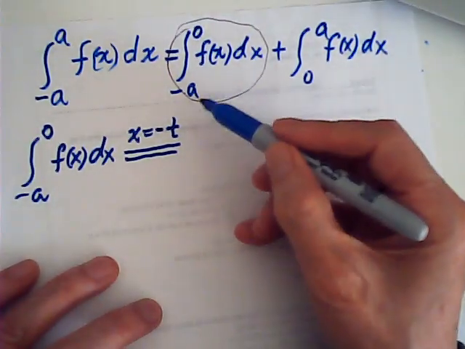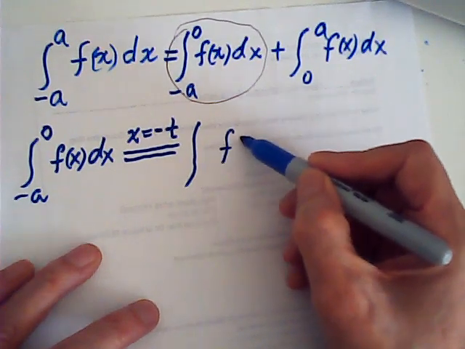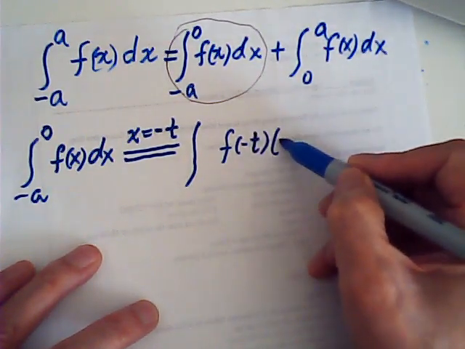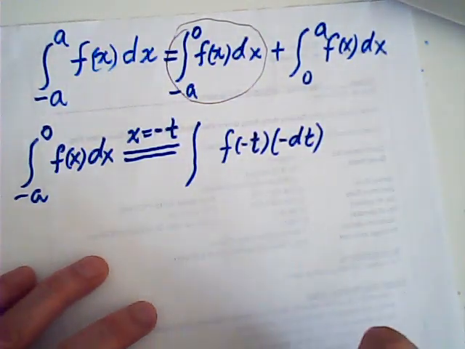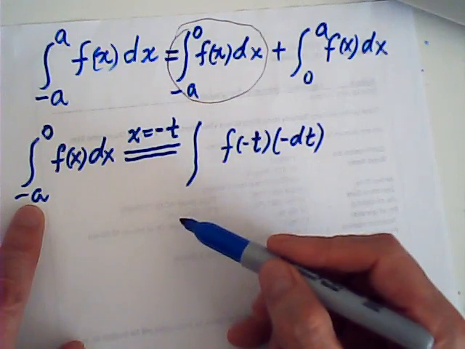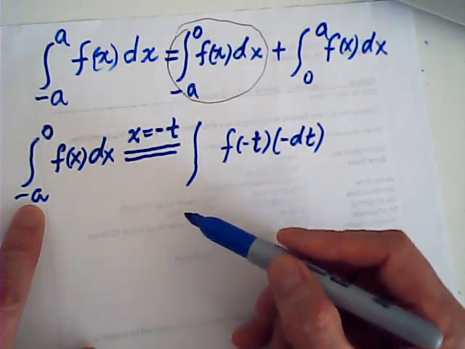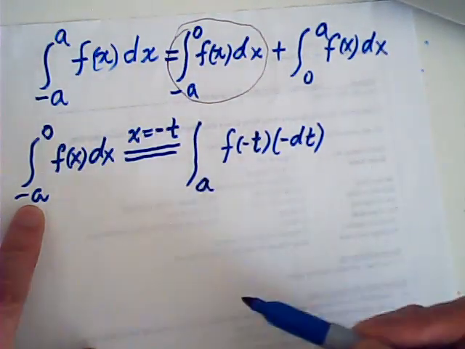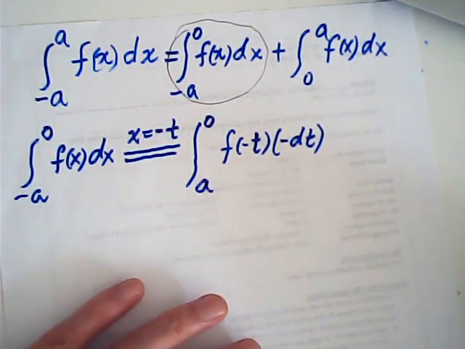Then the integral becomes f of negative t, right? And negative dt. And when x is negative a, then t is a, right? When x is 0, t is 0.